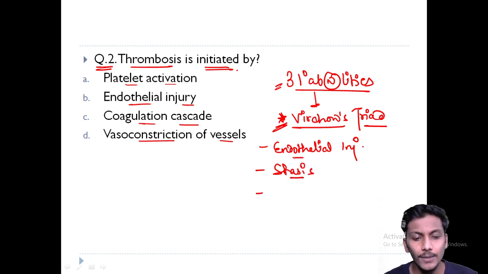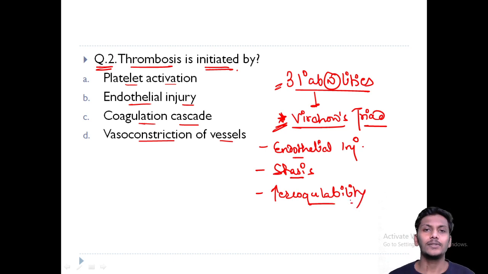And third is hypercoagulability of the blood. So please remember, the 3 features of Virchow's triad are: first, endothelial injury; second, stasis of blood flow; and third, hypercoagulability of the blood.